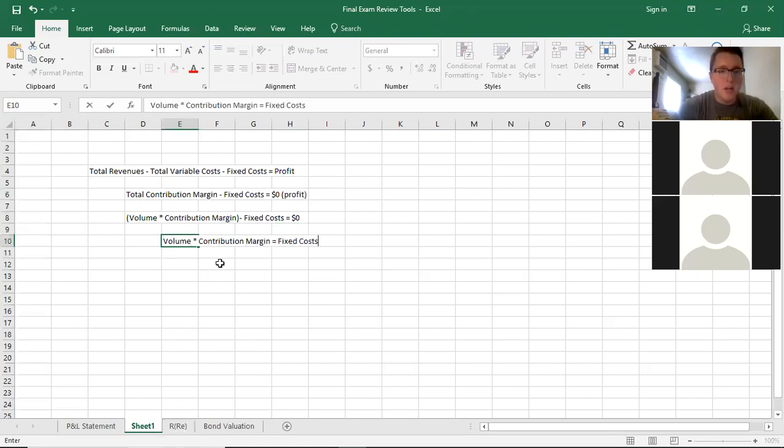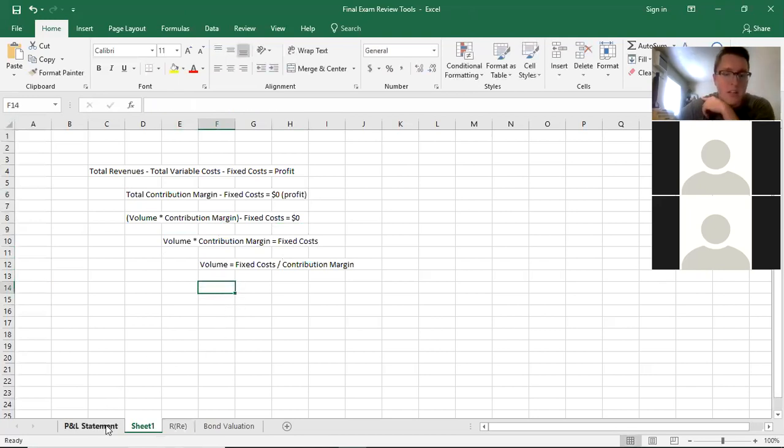And then we'll divide both sides by the contribution margin, and then we'll have volume equals X, whatever it might be. So fixed costs divided by contribution margin. There is an easier way to calculate this with Excel if you would like to.